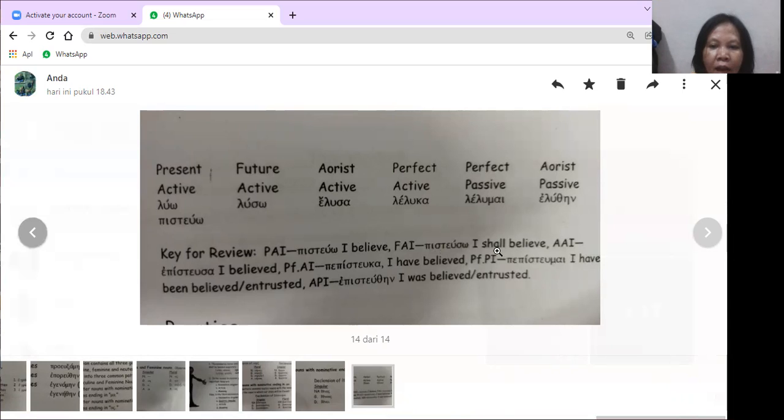The meaning, I shall believe. In aorist active indicative, it becomes episteusa, with the first syllable e and the ending form sa. The meaning, I believed.